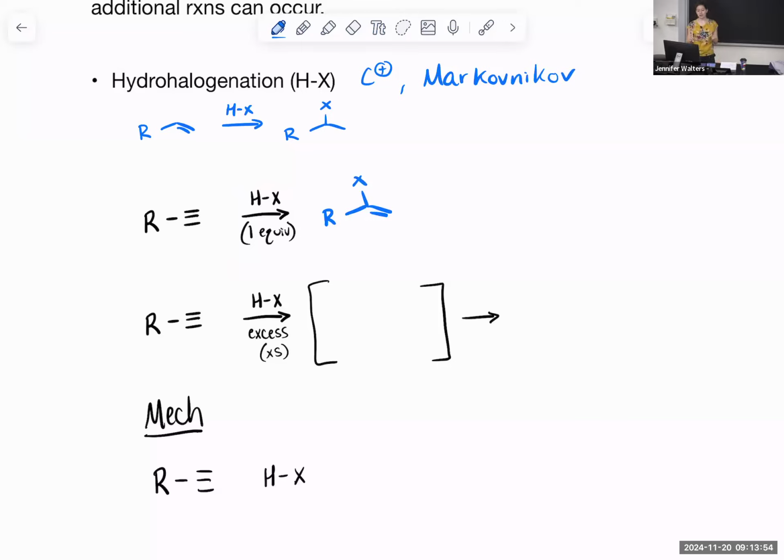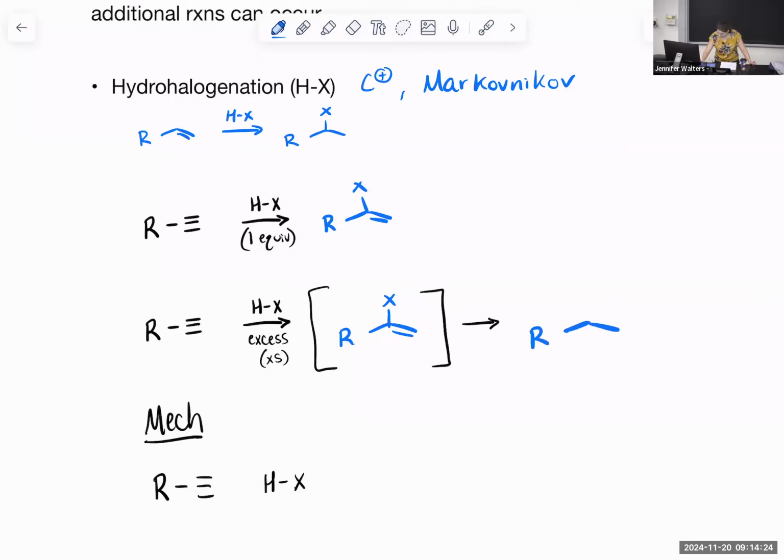You're still getting the halogen on the more substituted side, so it's still described as Markovnikov regioselectivity. If you have excess, then you do it multiple times. You go through that same initial alkene, but that alkene is reactive to this reagent, so I can do it again. I add 2 hydrogens and 2 halogens across that alkyne.